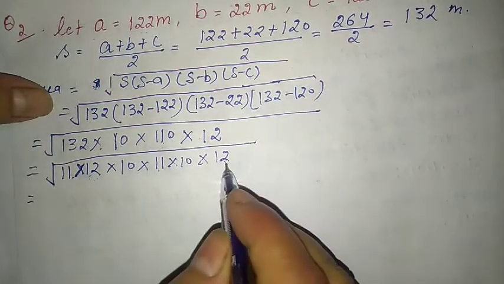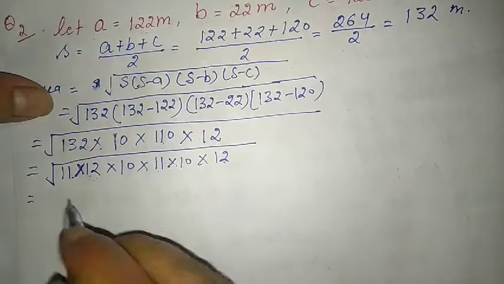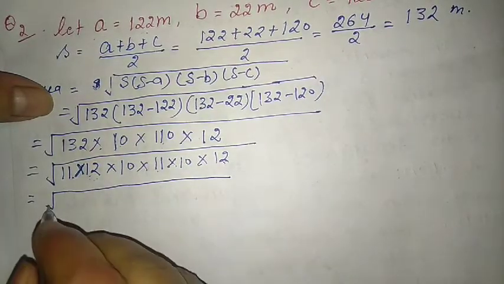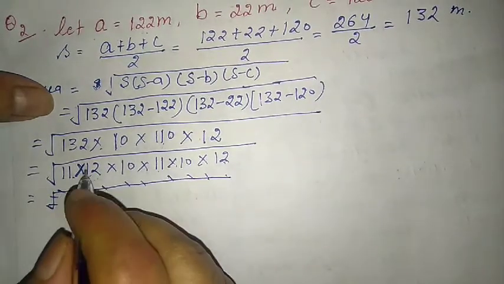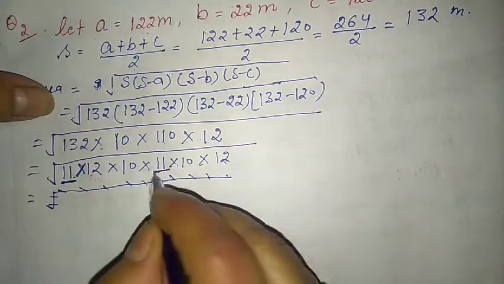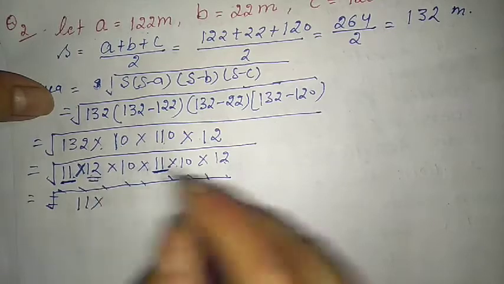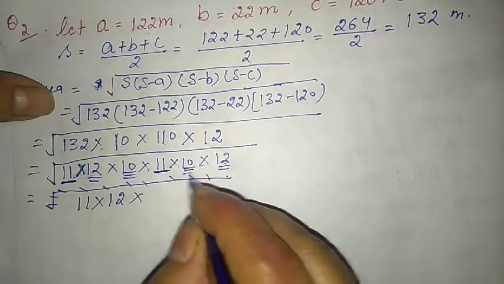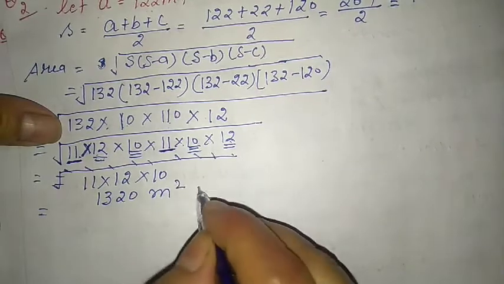If pairing is already there, then no need to divide into further prime factors. So without root, we can make their pairs 11 and 11, one 11 can be out, 12 and 12, this can be out, and 10 is here. So this is 11 into 12 into 10, which is 1320 meter square.